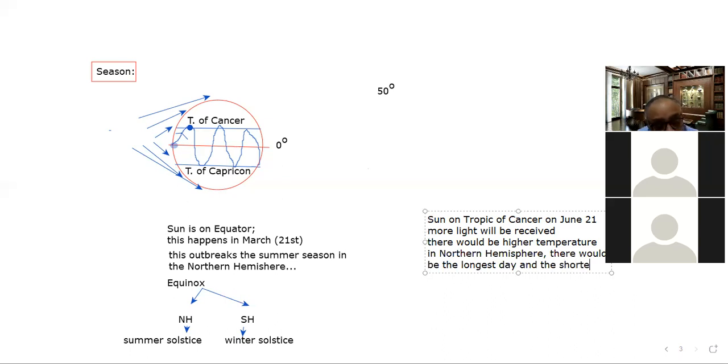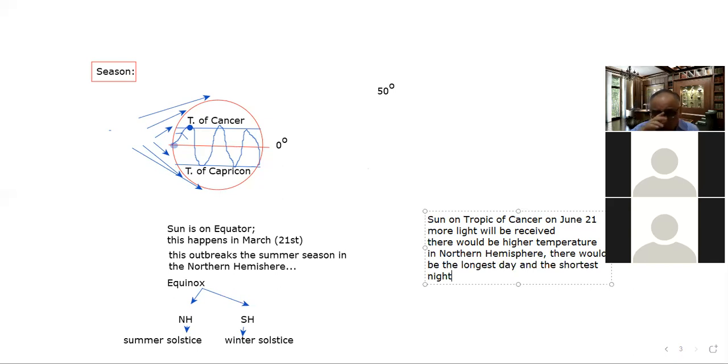Why does this happen? This is because the northern hemisphere is exposed to the sun, and so it will receive insolation for the maximum length of time, and the duration of the day would increase and that of the night would decrease.